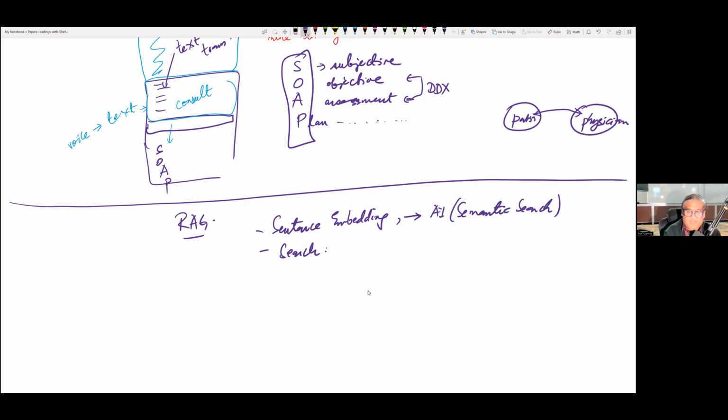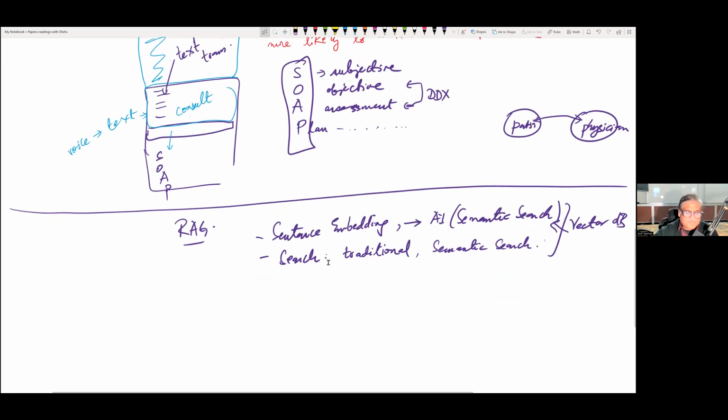And search could be traditional search, like as in using OpenSearch and so on and so forth, a keyword search, or it could be semantic search. And traditionally, these things are backed by a vector database. You save the semantic search into a vector database.